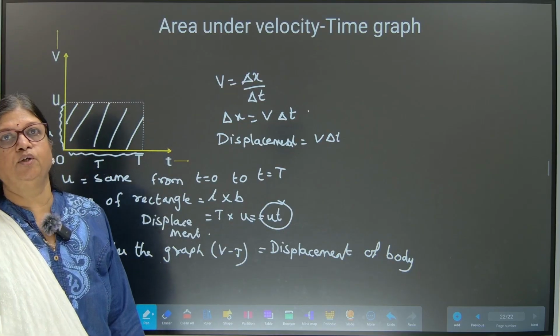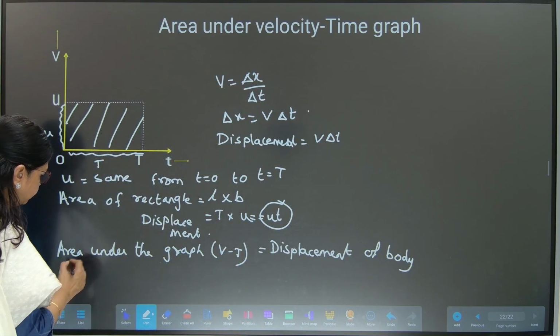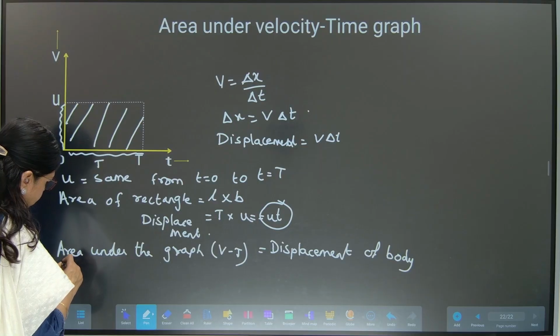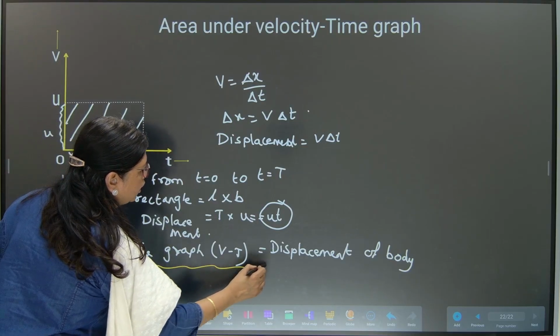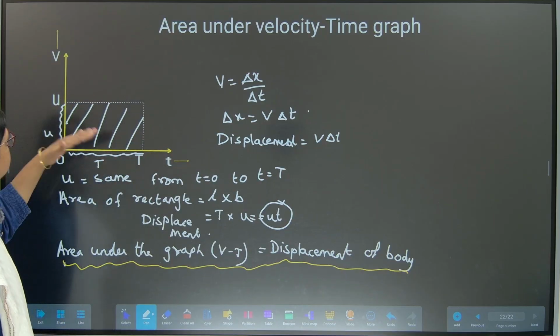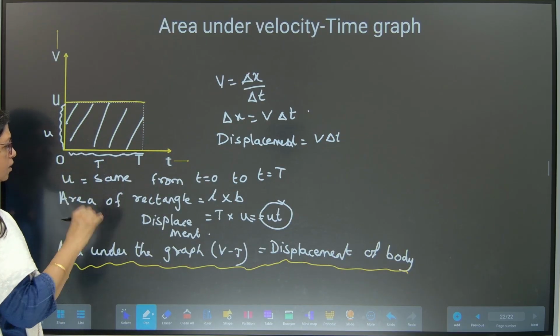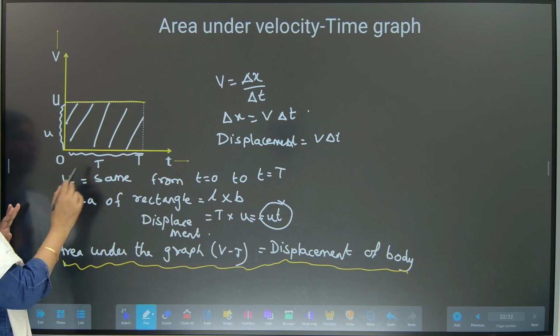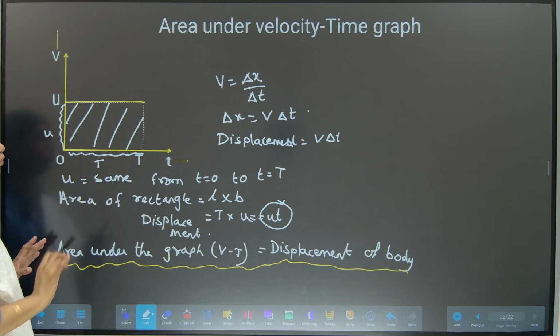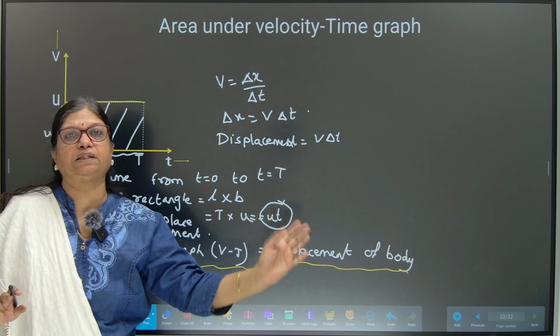Okay? So using this formula, remember that this was only one graph. This graph we got for what condition? When u is the same from t equal to 0 to t equal to t. The value of u remains the same as time goes.